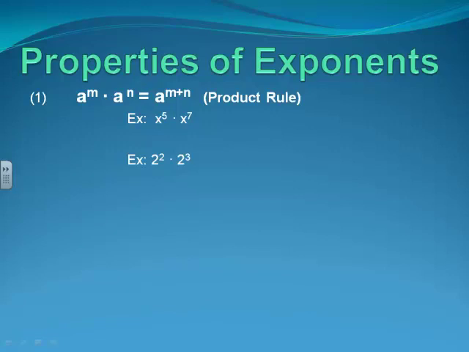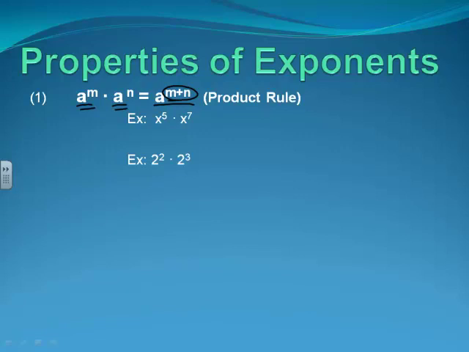So our first property, which is also referred to as the product rule, says if you have a base raised to an exponent, or raised to a power, and you are multiplying that by an identical base raised to another power, you can combine that into a single expression by not multiplying, but rather adding the exponents. So a to the m times a to the n is equal to a to the m plus n.